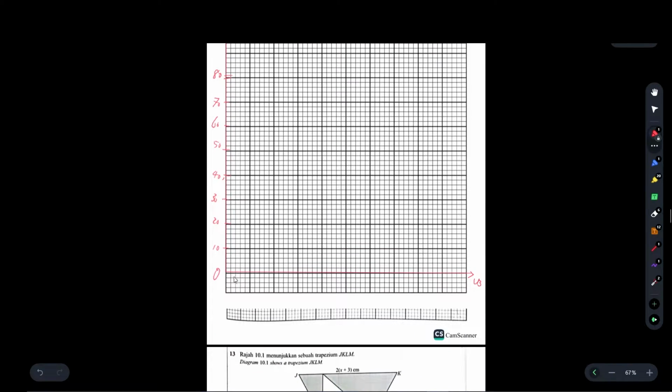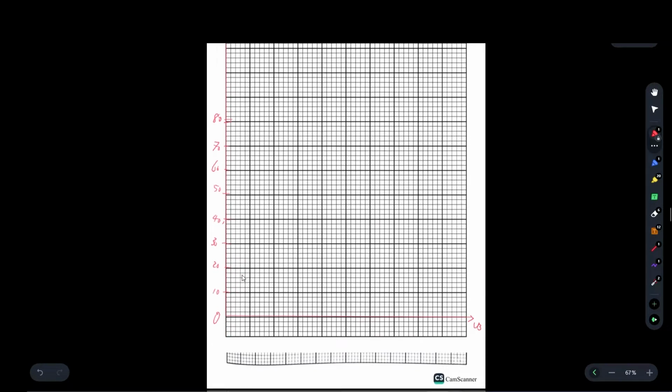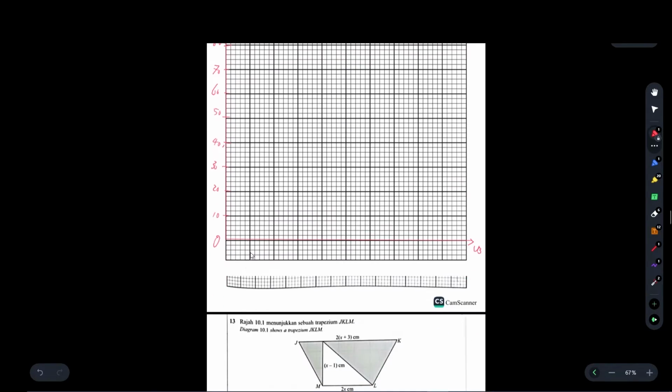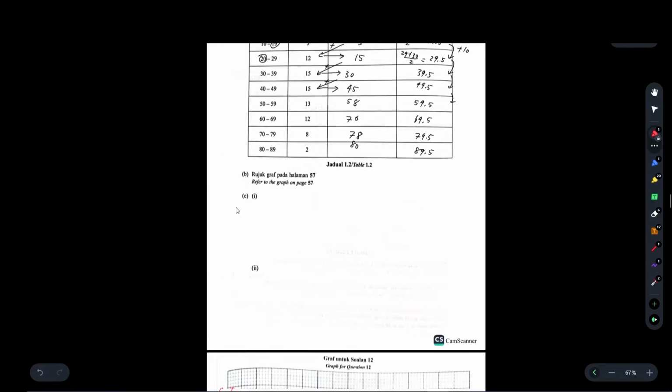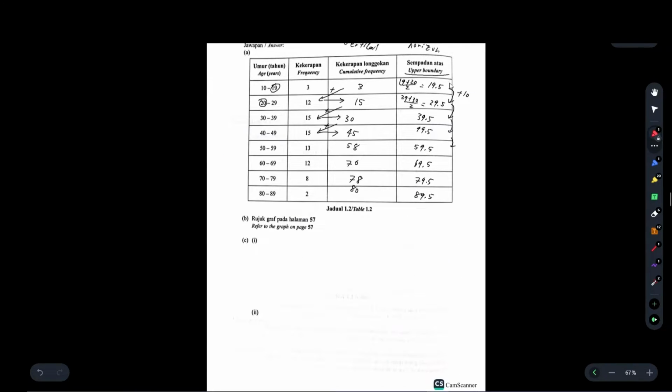Right now we're gonna plot out the horizontal axis. I just mentioned that we have to add a starting point for an ogive, right? The minimum upper boundary for the table is 19.5, so it's not gonna start there.